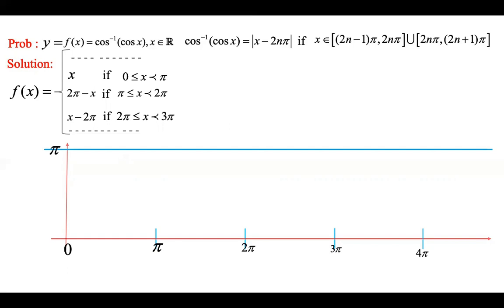Right. So in these pieces, as x is taken from 0 to pi, the function piece is x. This is the y is equal to x piece. When x is taken from pi to 2 pi, the function piece is 2 pi minus x. It is given like this.